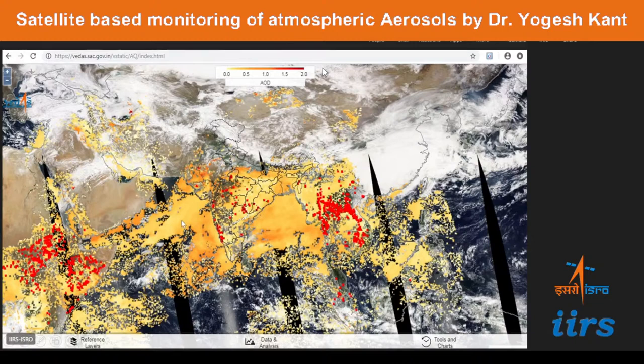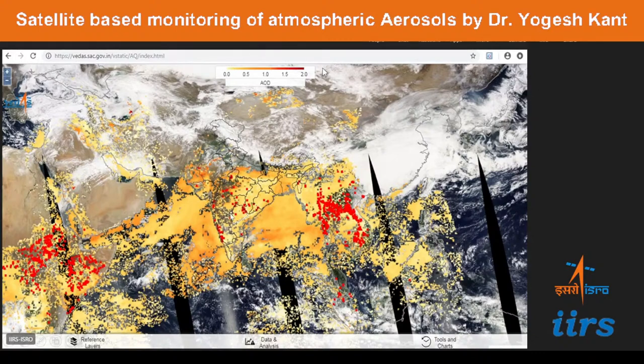And on this there is another layer. You see this color. This is the pollution or the aerosol loading. These are emitted from certain sources, and not only do they stay there, but they also get transported due to the winds, due to different profiles, different wind speeds and directions. It moves from one place to another place.